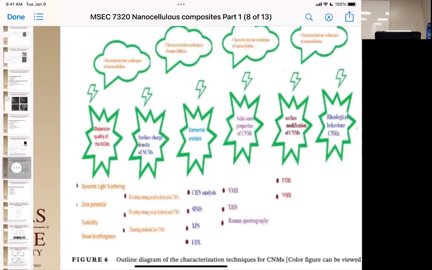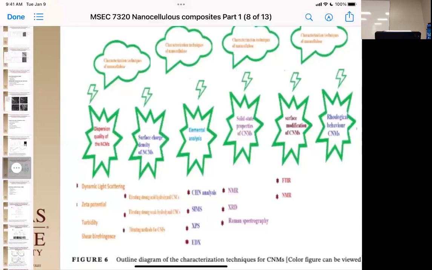In shear birefringence, you have a microscope set up with cross-polarized light, and you flow your material through under the microscope, and you're looking for any transmission of light. When they're cross-polarized, it should be fully dark, but if there is order in the flow, you get birefringence and you get light. So you can look for good dispersion with that.